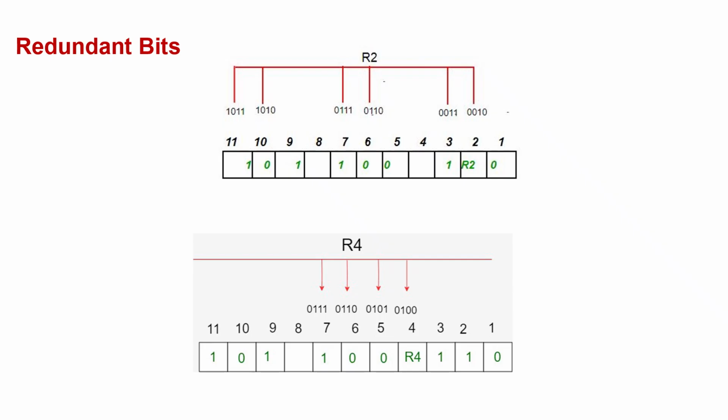These positions are 4, 5, 6 and 7. We use even parity, so the total number of ones must be even. Since the number of ones in these positions is odd, the value of R4, the parity bit, is set to 1 to make the total even.